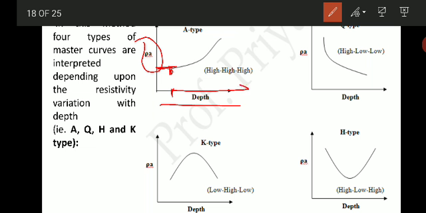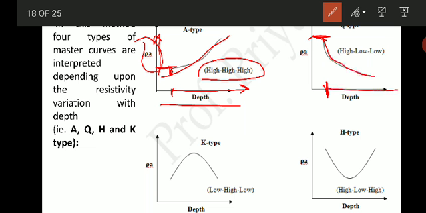As you increase the depth the resistivity also increases, this type of curve is called low, high, high, because the values are increasing, that is A type. Here at lesser depth the resistivity is high and it decreases with increasing depth. So this is high, low, low, that is Q type.